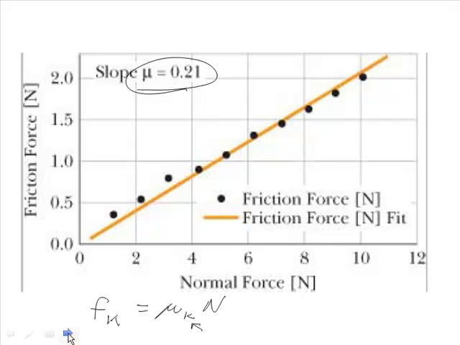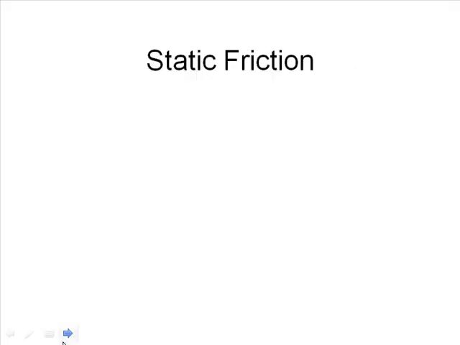Now the next issue is to talk about, what about the friction when I'm at rest? Well, it turns out we can use a similar equation. It says the force of static friction is equal to mu static times the normal force.